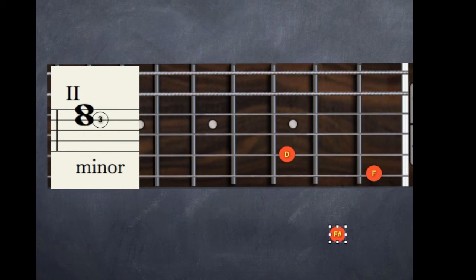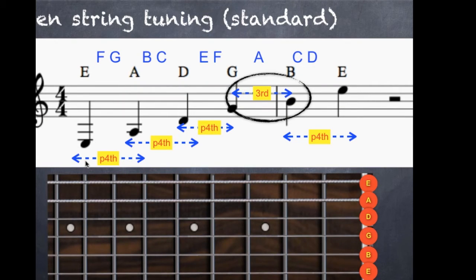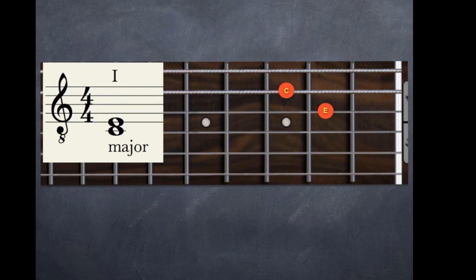So to recap here, this tuning of the guitar would, if it was all equal, perfect fourths between each string, that would be kind of nice because we'd get really consistent patterns. But we don't have that.